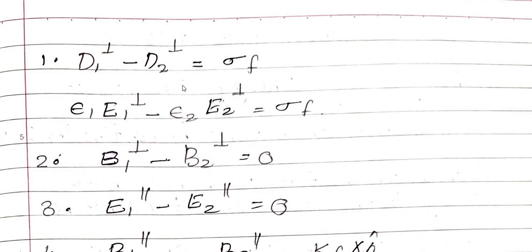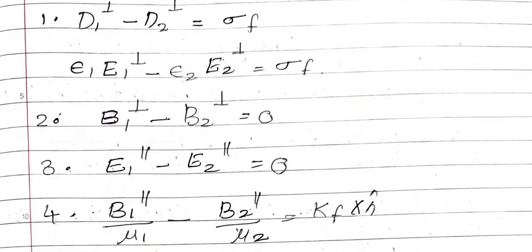So in general, we can write the boundary conditions for electrodynamics as D1 perpendicular minus D2 perpendicular is equal to sigma f, or this can be epsilon 1 E1 perpendicular minus epsilon 2 E2 perpendicular is equal to sigma f, because D is equal to epsilon E. Similarly, B1 perpendicular minus B2 perpendicular equals 0, and E1 parallel minus E2 parallel is equal to 0.